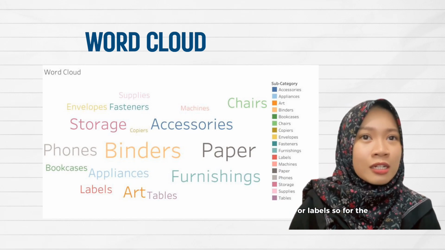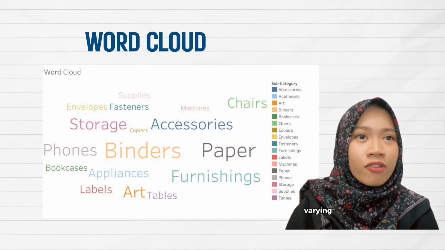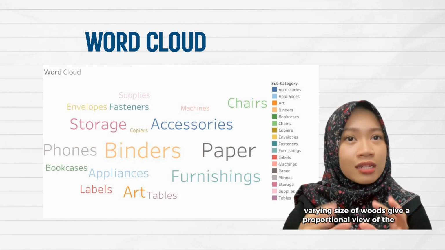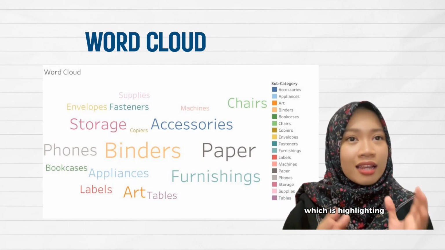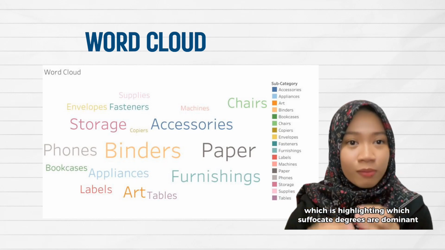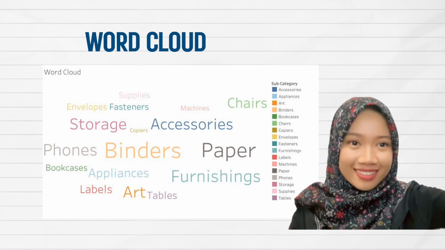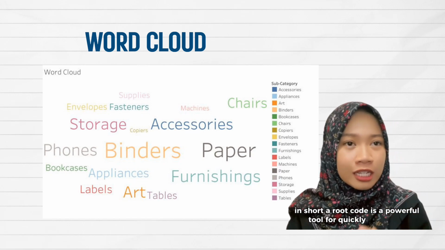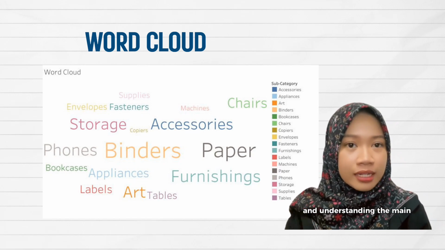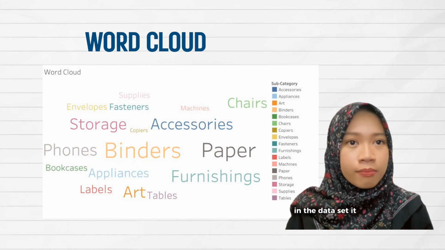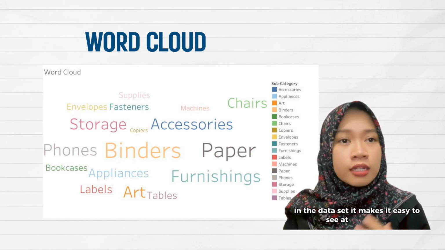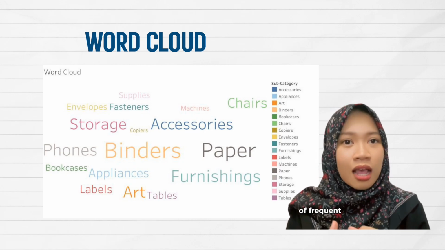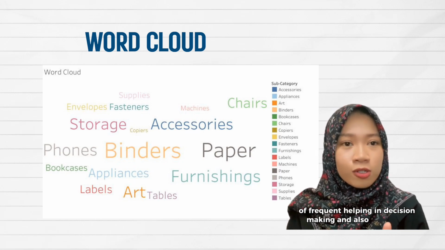For the proportional representation, the varying size of words gives a proportional view of the data, highlighting which subcategories are dominant. In short, a word cloud is a powerful tool for quickly visualizing and understanding the main elements in the dataset. It makes it easy to see at a glance which items are the most important or frequent, helping in decision making and also focus area.